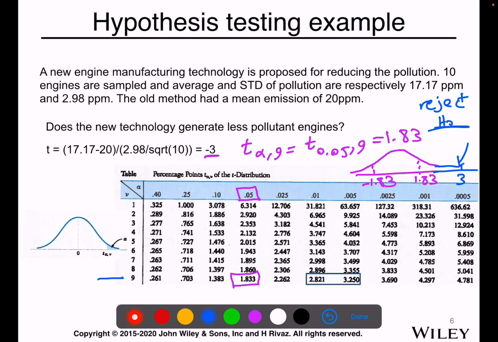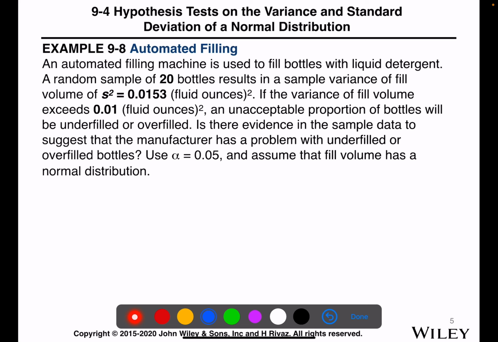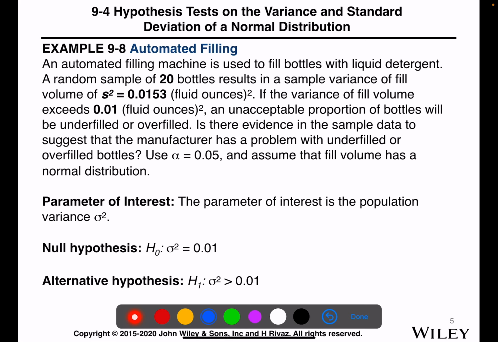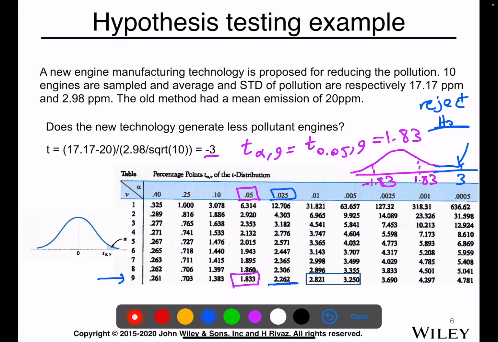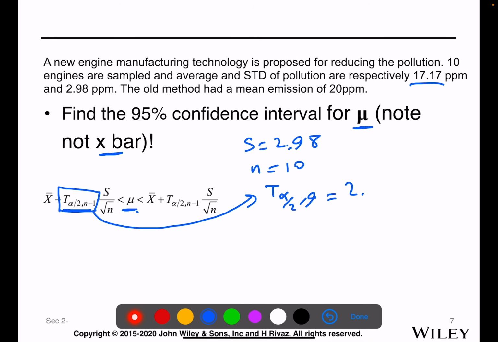So for 9 degrees of freedom and 0.025, t is 2.26, right?